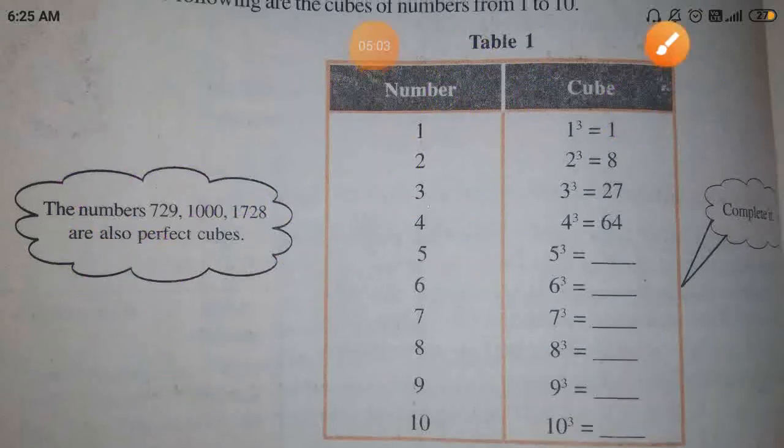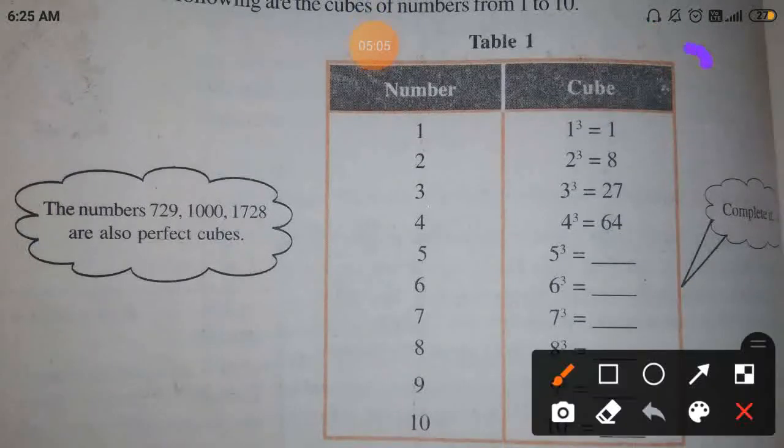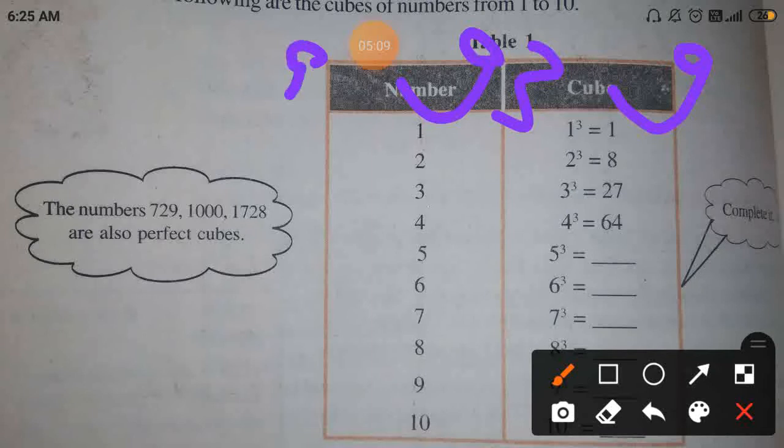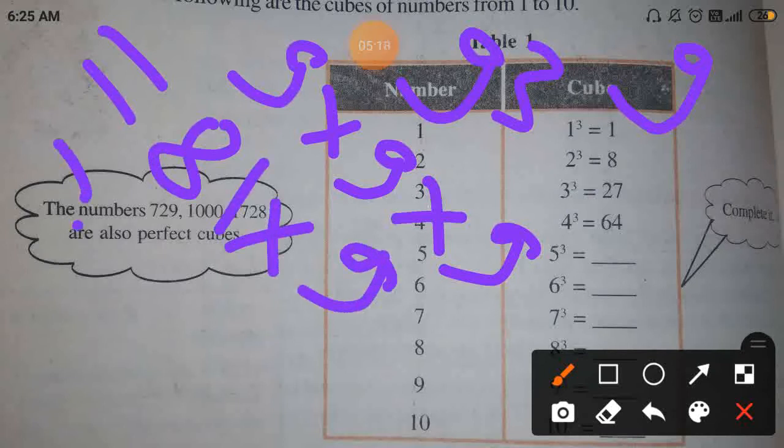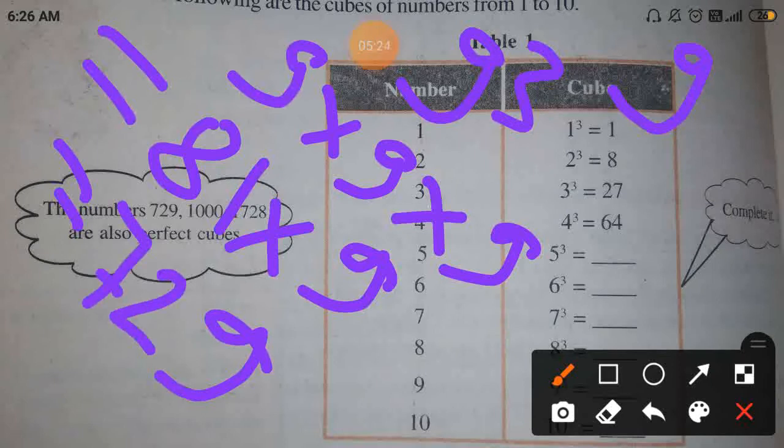And now it is 9. So the cube of 9 is 9 multiplied by 9 multiplied by 9. 9 nines are 81 multiplied by 9 gives 9 ones are 9, 9 eights are 72, sorry, 729 is the cube of 9.